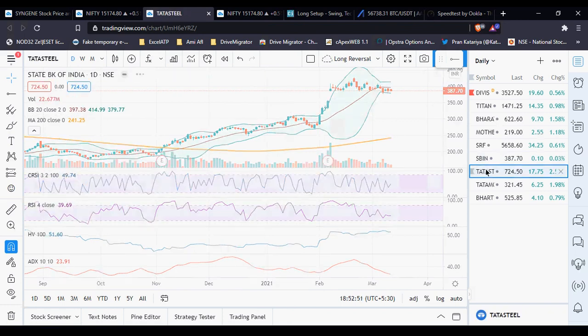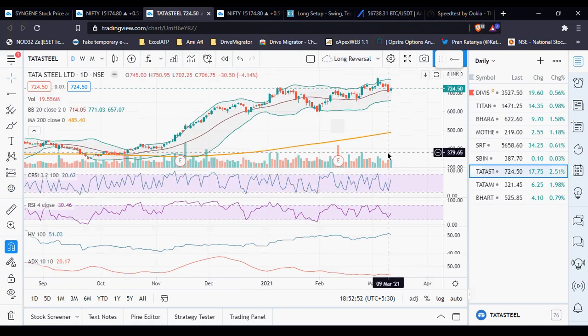You have Tata Steel next, initiated on 29th of January. We have all the conditions matching in the daily time frame.